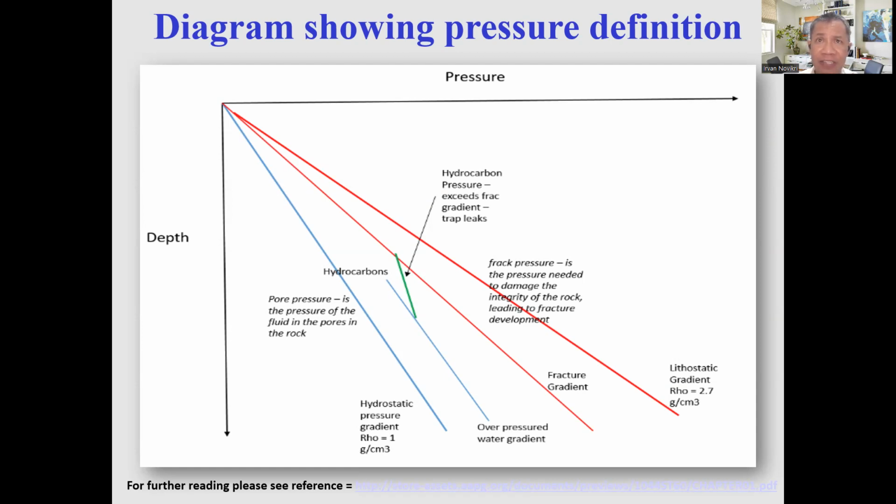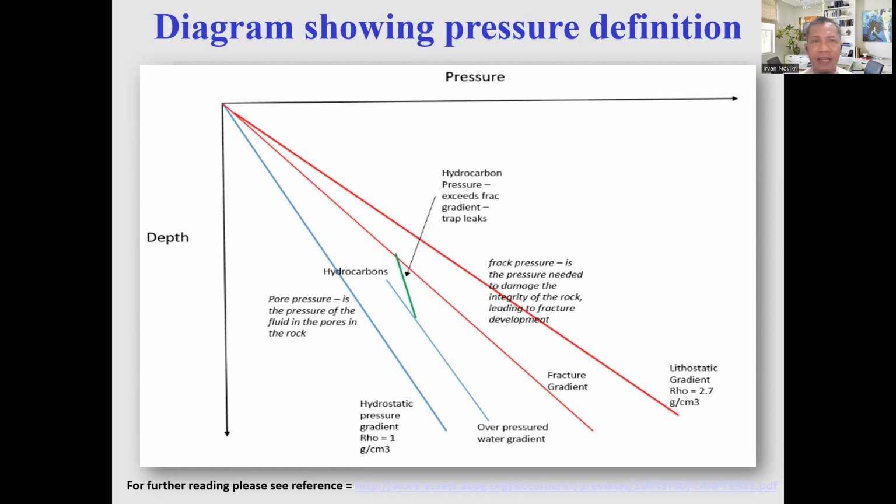Pore pressure is the pressure of the fluid content in the pores within the rock caused by the weight of the fluid column only. Normally, this pressure lies in the hydrostatic gradient range of 0.433 psi per foot and up to 0.465 psi per foot, depending on the fluid density.